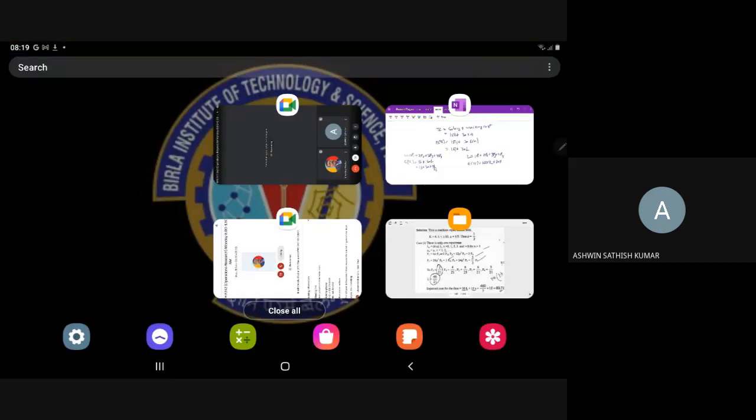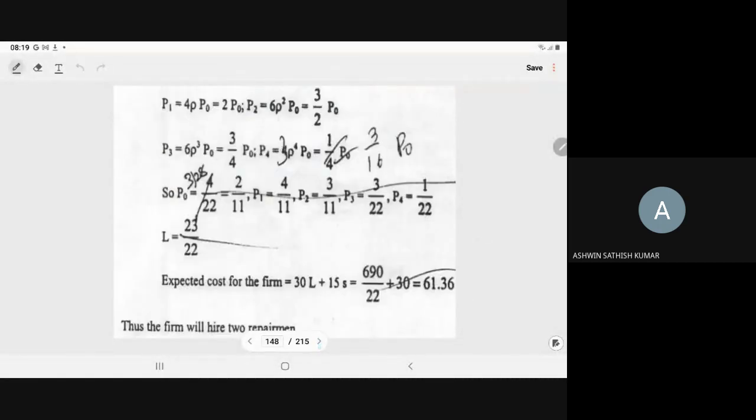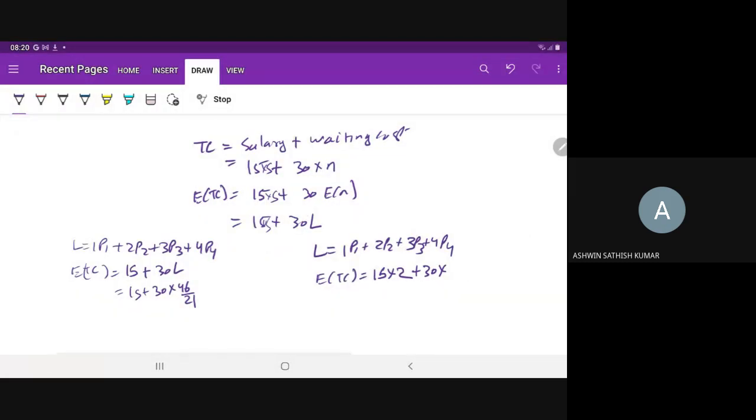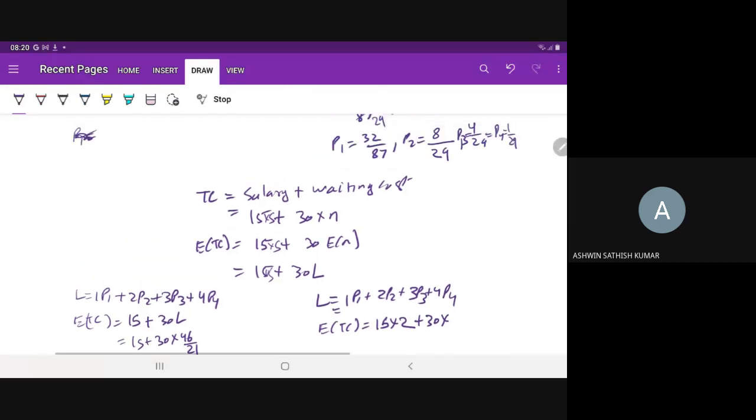So here we can check what is L. I think L is wrong here, right? So we have to compute. L is wrong here in this question. So can you tell me what is L? P1 is equal to... please help me in calculation. 32 upon 87 plus 16 upon 29 plus 12 upon 29 plus 4 upon 29.